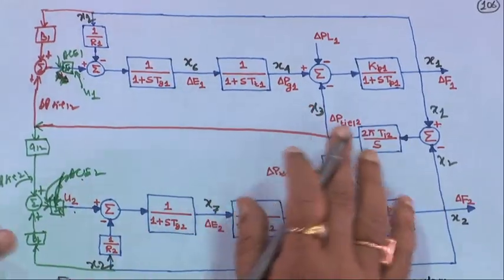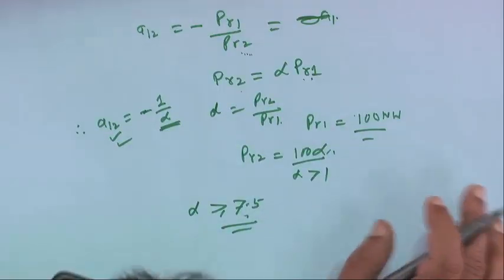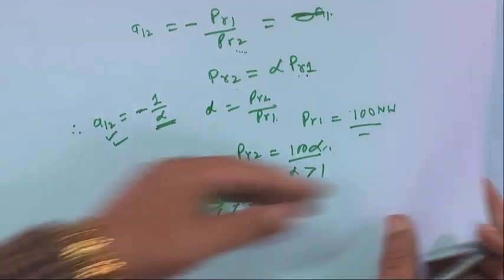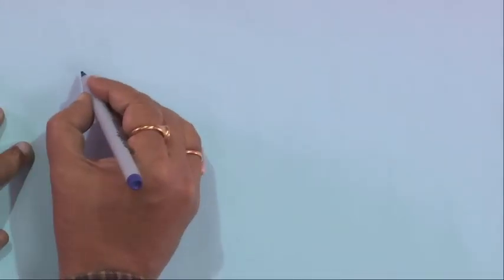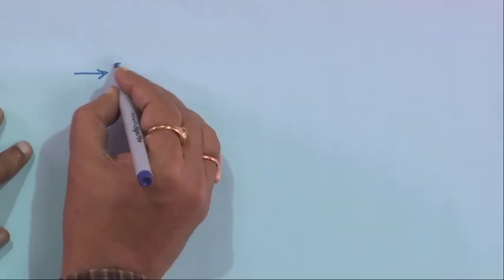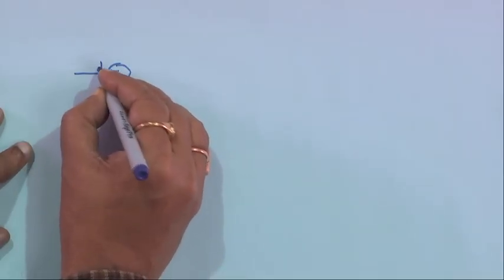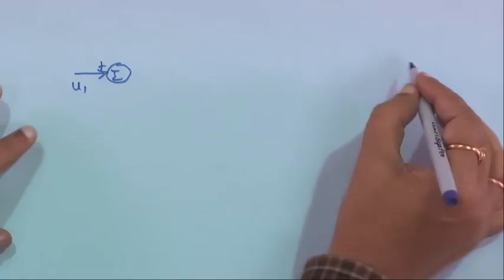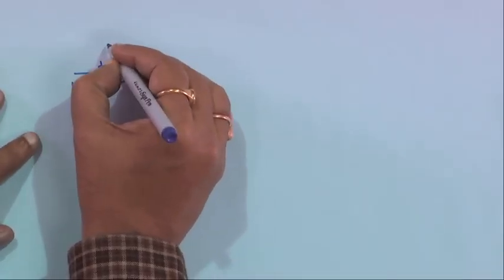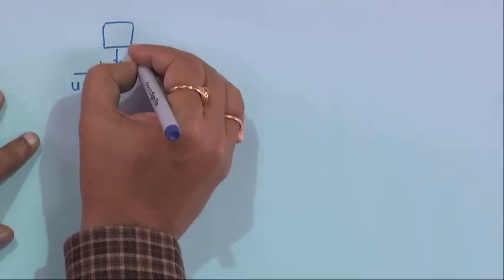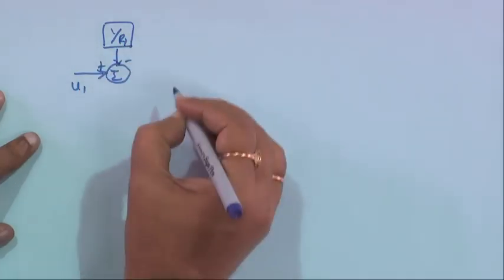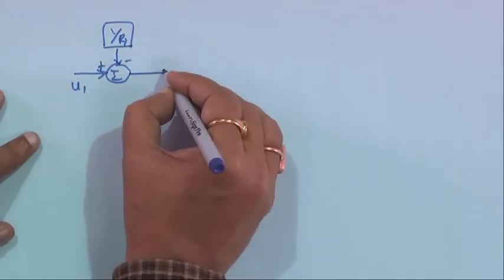So if you do so, then it will be something like this. Just hold on, I am showing you. So it will be something like this: this is your system, this is U1, area 2 nothing will be there, this is 1 upon R1, or 1 upon R, same thing.